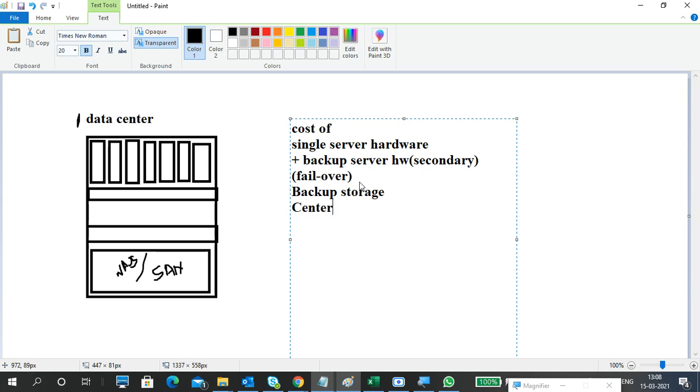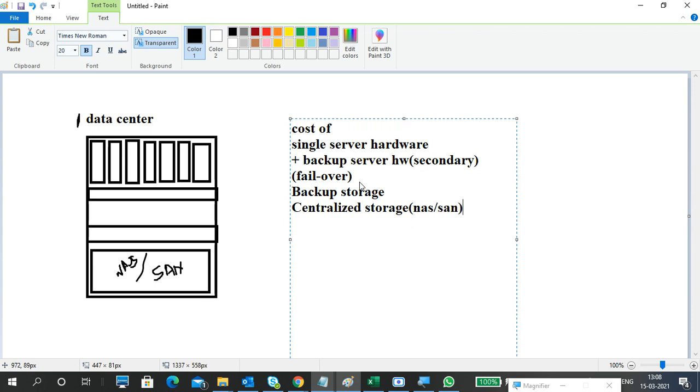Why central? We need a centralized storage, like a SAN. Why do we need a SAN?